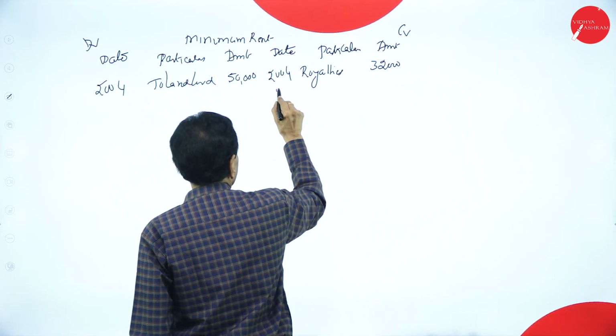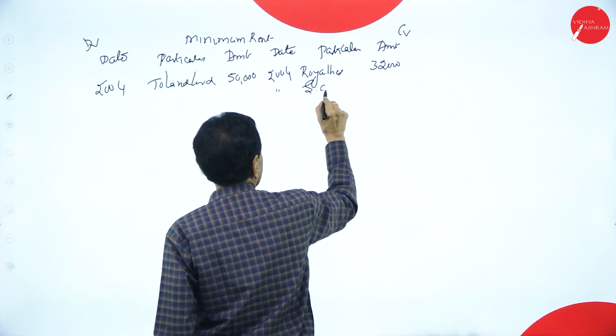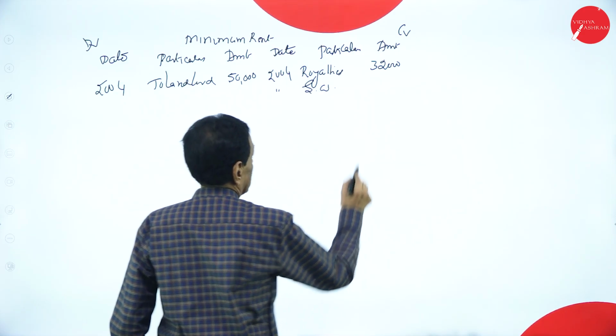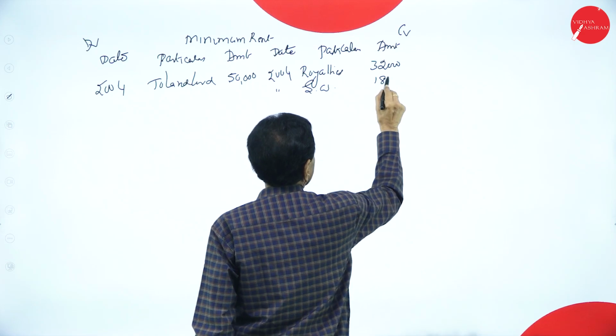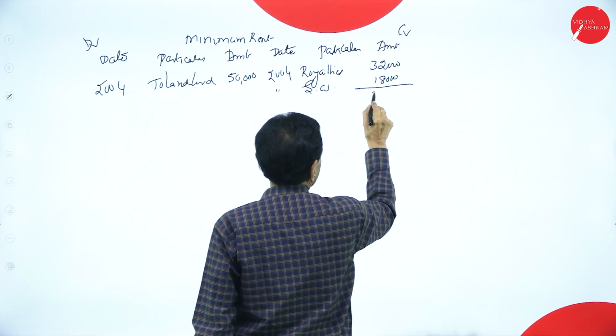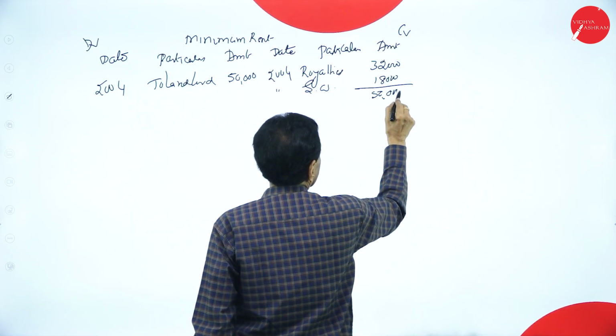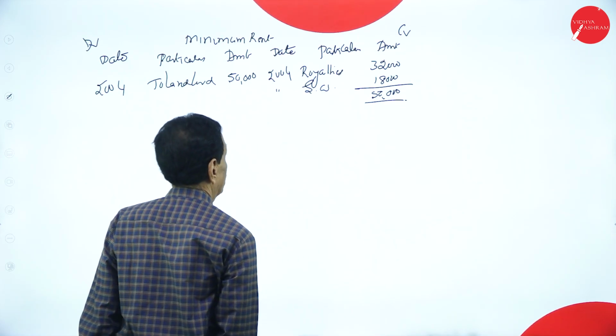Same date, by short working, SW I write, short working, 18,000, totally 50,000.